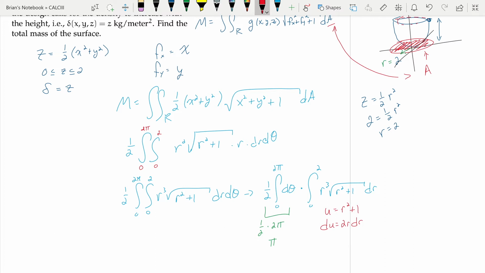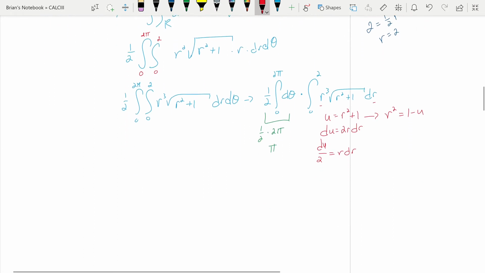But we have that du over 2 is equal to r dr. So that'll take care of one of the r's in the dr. And then for this guy, if we move the 1 to the other side, we get r squared is equal to u minus 1. Excuse me, 1 minus u. And if we do that, then we can plug in 1 minus u for the rest of that r squared.